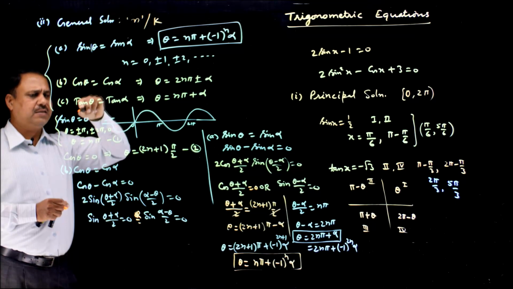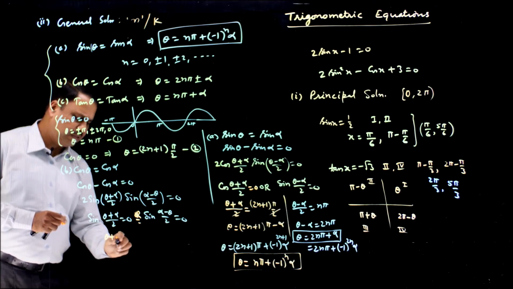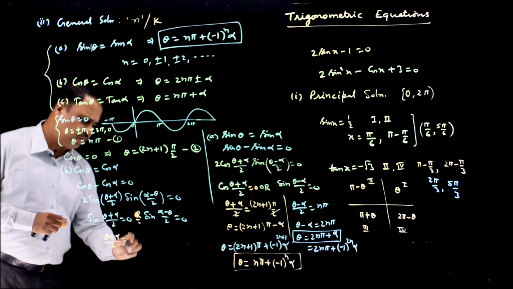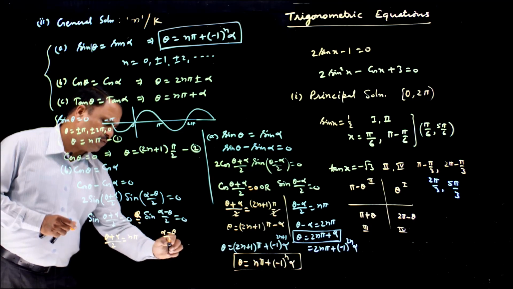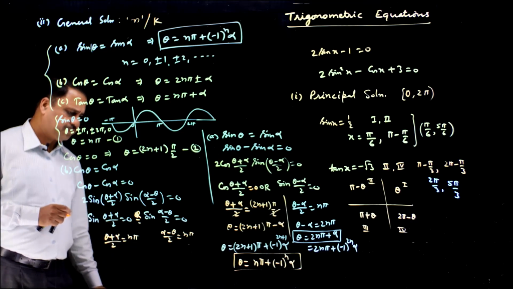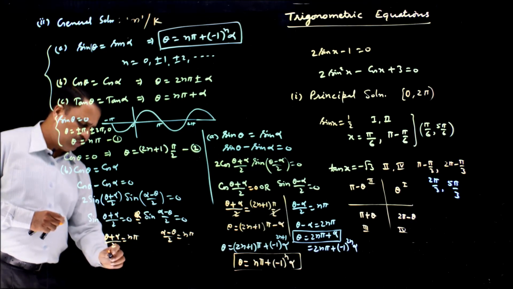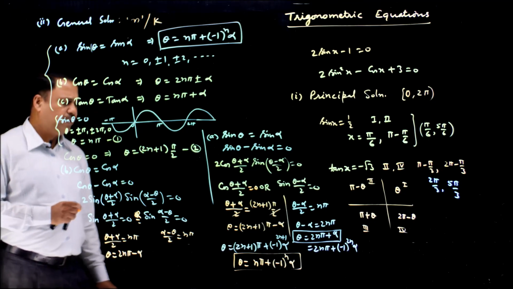Again, going to the basic, sin theta is equal to 0, theta is equal to n pi. So (theta plus alpha) upon 2 is equal to n pi, or (alpha minus theta) upon 2 is equal to n pi. So from here you will get theta is equal to 2n pi minus alpha.